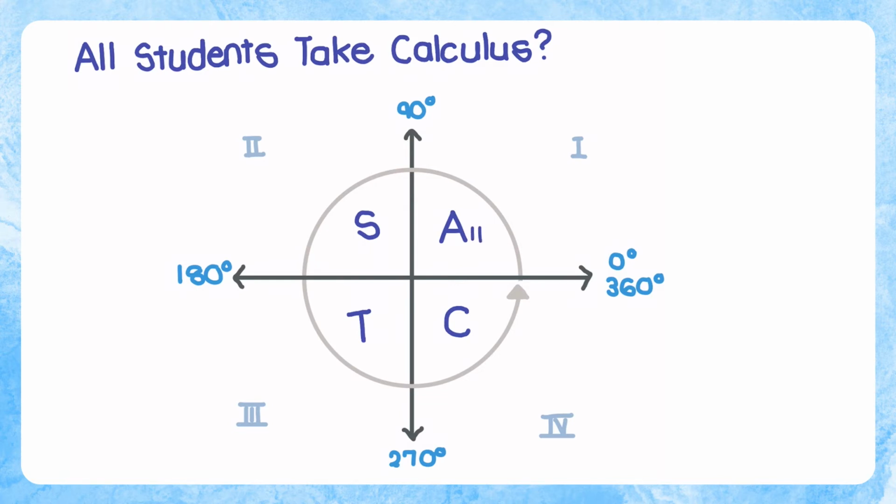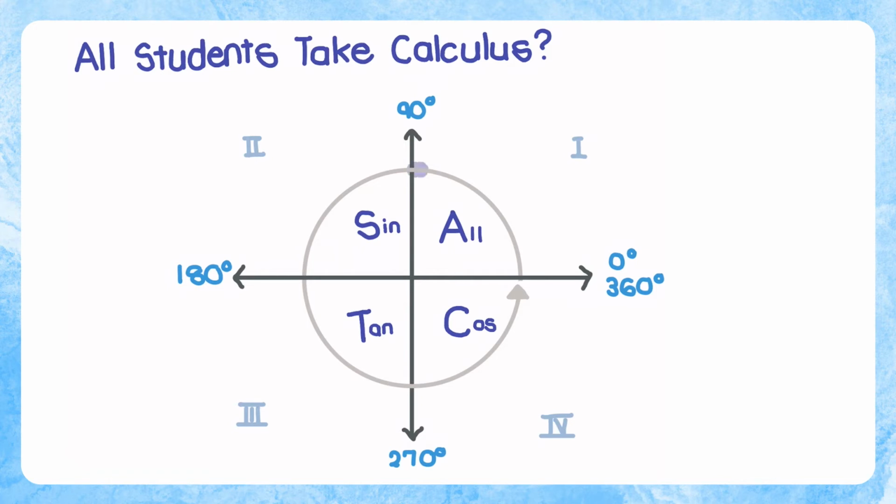A stands for all, and S stands for sine. T stands for tangent, and what do you think C stands for? Cosine. But still, what exactly does this tell us? This actually tells us which specific trig functions are positive in each specific quadrant.